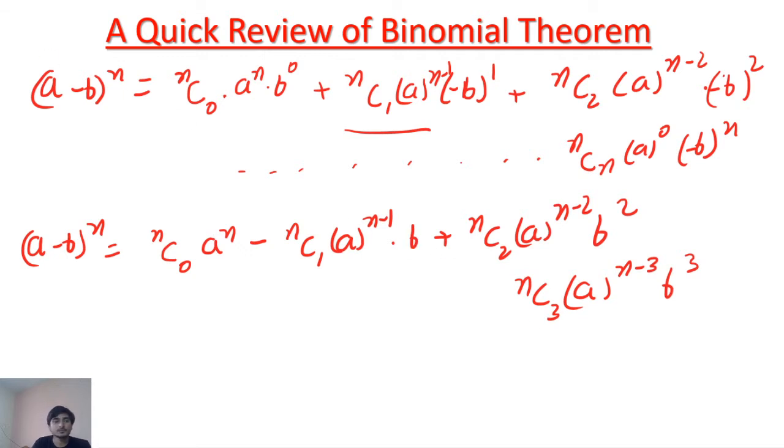See, since it is odd, it will be negative, and like that it will keep on going till nCn a to power 0 and minus b to power n.